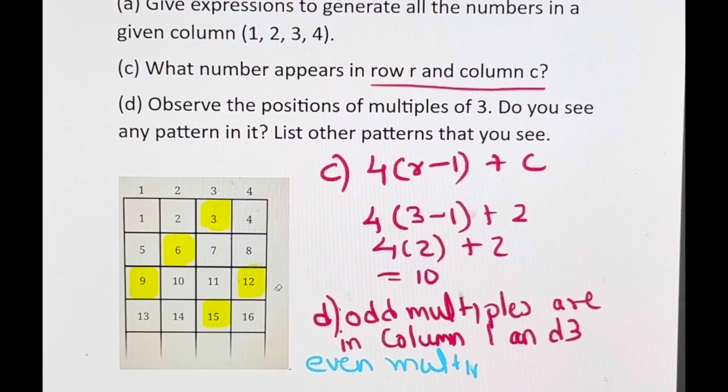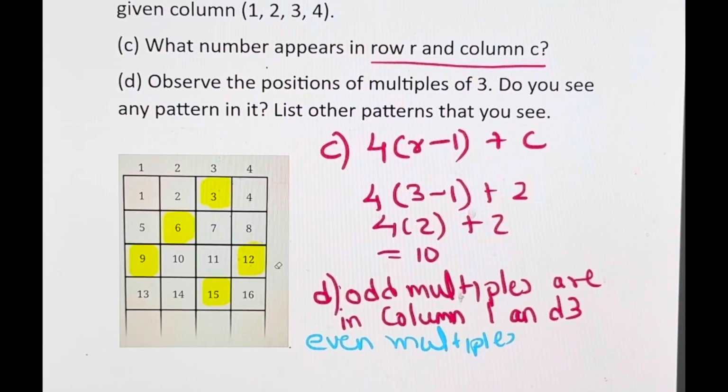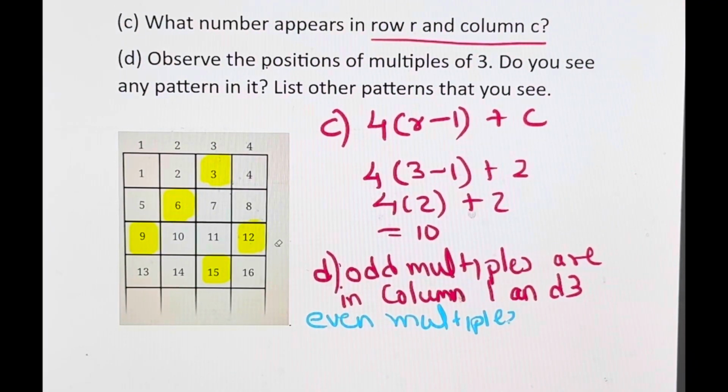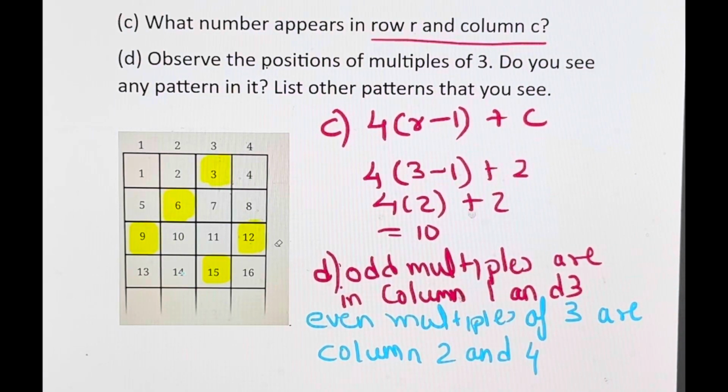Here we are talking about multiples of 3 because we are observing a pattern in multiples of 3. That is one observation, right? So you can observe many other patterns. You can find patterns of multiples of 2 or any other number. You can find patterns of prime numbers. So you can explore your own patterns of other numbers and list them there.